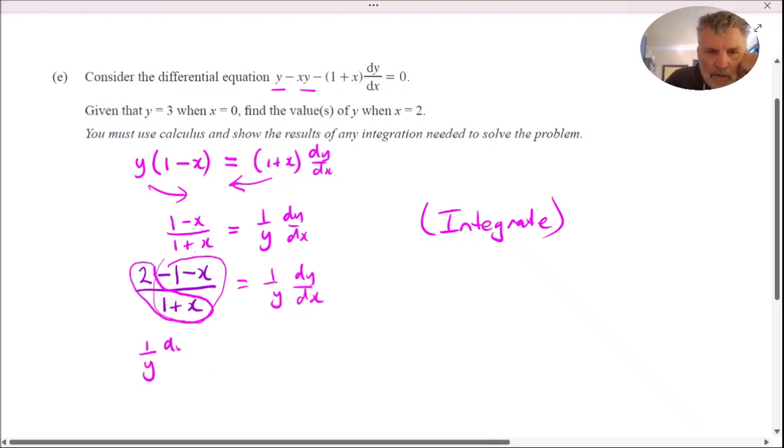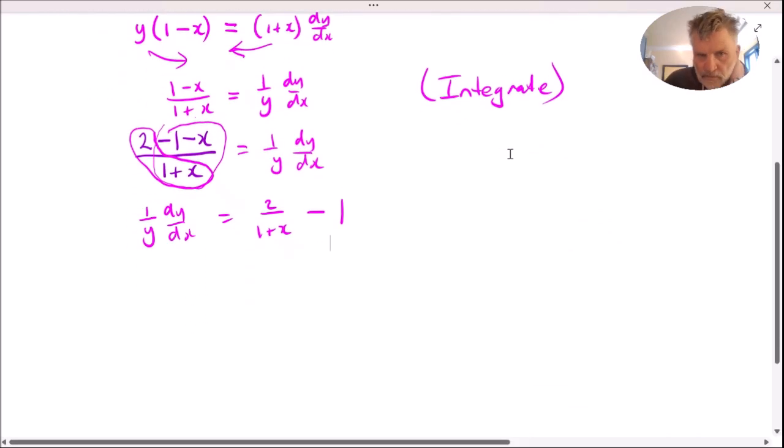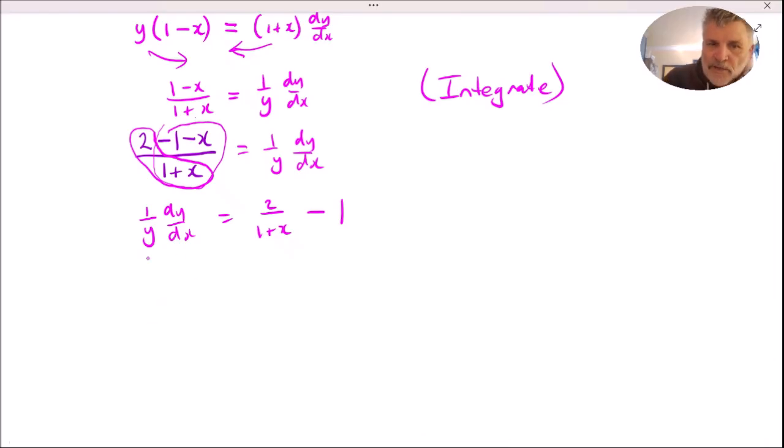So 1 over y dy dx is now going to be 2 over 1 plus x, and then minus 1. Minus 1 minus x divided by 1 plus x just becomes 1. And now we've got things that are easy to integrate.